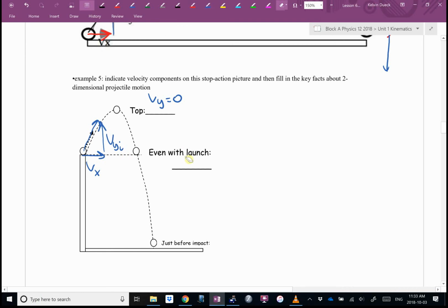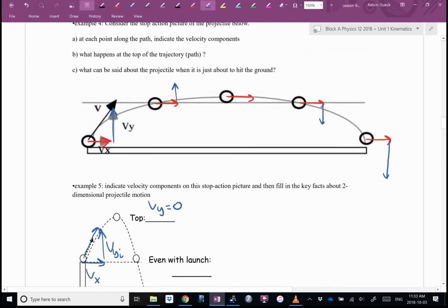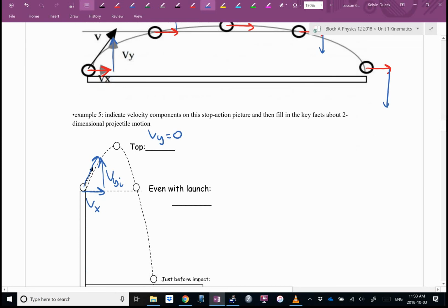When we get even with the launch, do you know what Vy is equal to? Not Vy initial. Negative Vy initial. Vy equals negative Vy initial. That can be handy sometimes because that's a piece of information that you know that you might not realize that you knew.